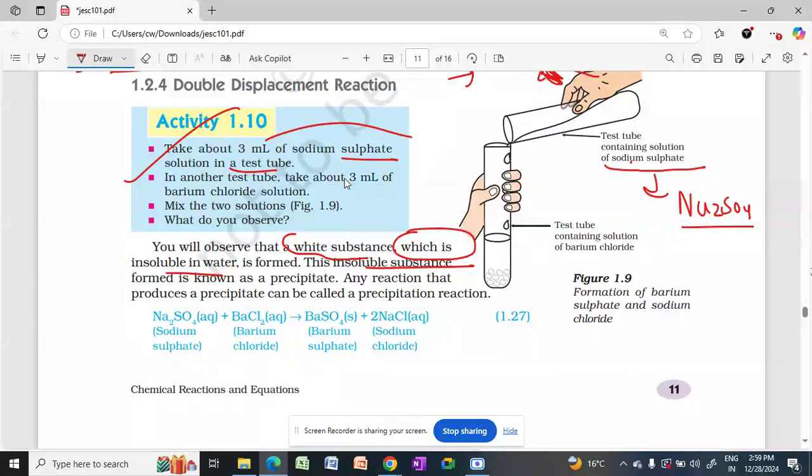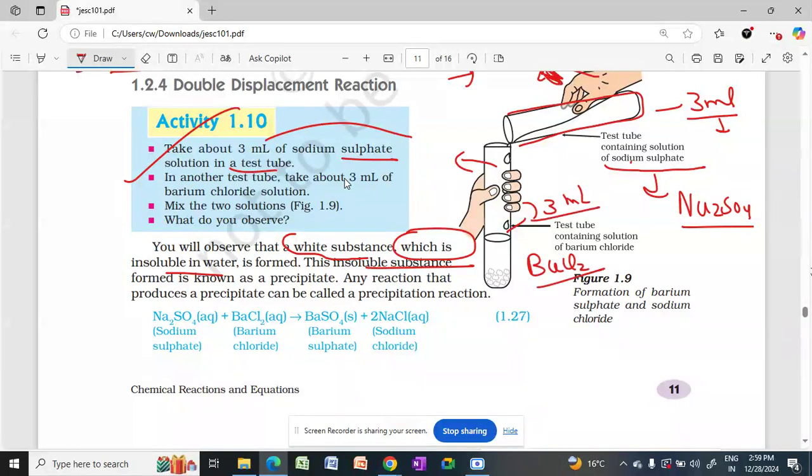Na2SO4. So you took a test tube with about 3 ml of sodium sulfate solution, and in another test tube you are holding, you took the same amount of barium chloride solution. What is barium chloride? BaCl2.